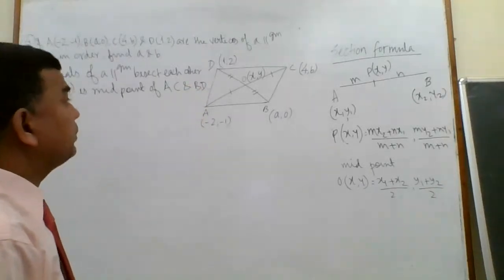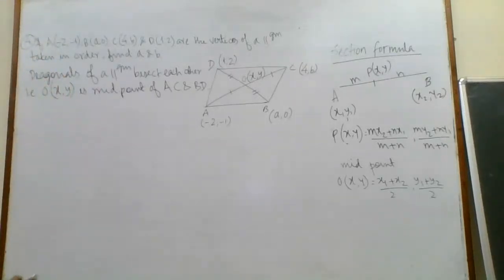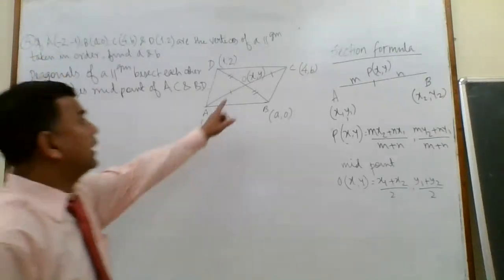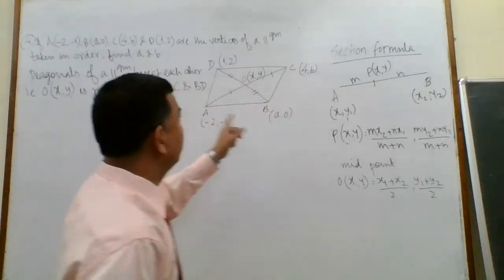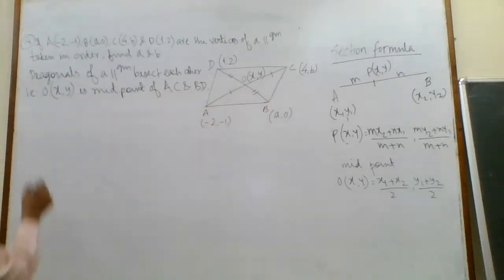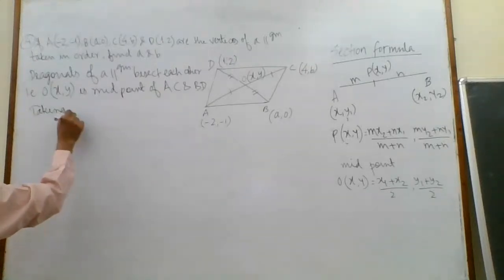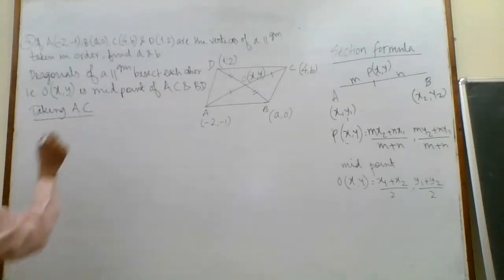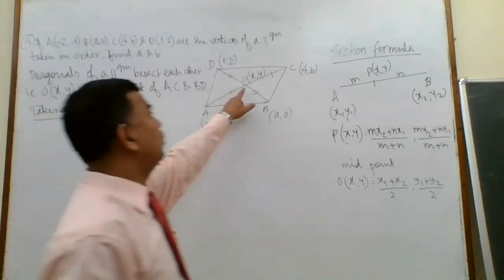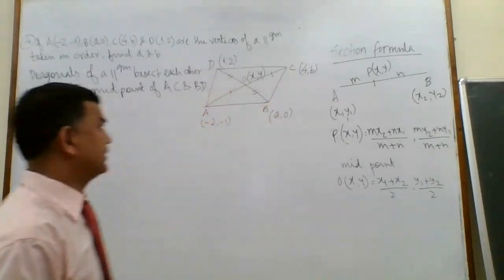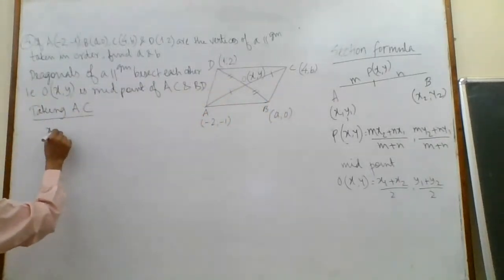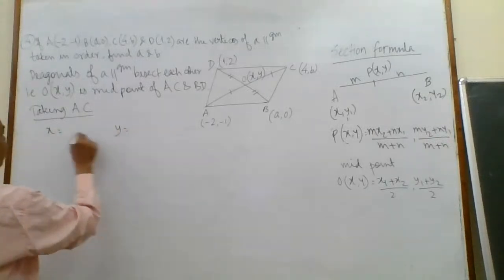So we are applying the midpoint formula 2 times. Once taking O as the midpoint of AC, then the second time as BD. So first we are taking AC. Taking AC means taking O as the midpoint of AC. Then how to get x and y?